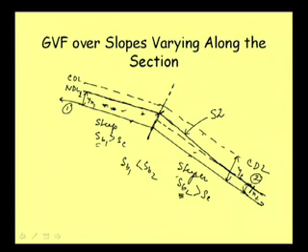So, when we are asked to compute this profile, what will we have to do? First, we need to calculate the normal depth of flow over this first channel reach, that is yn1, that we need to know. From the given channel section, the given discharge, and the given roughness value, first we need to calculate yn1, and this will be the control depth or control section depth at this point.